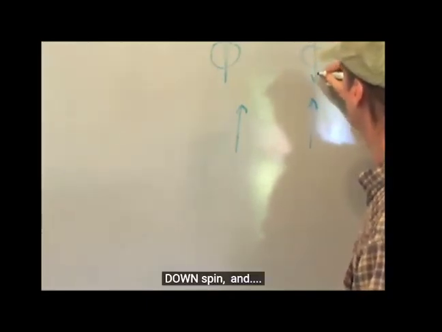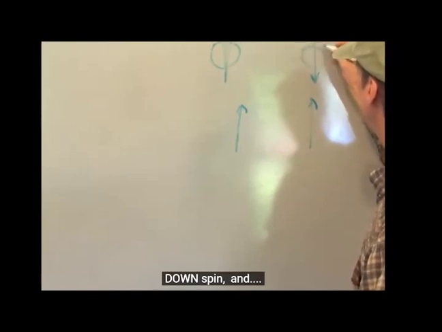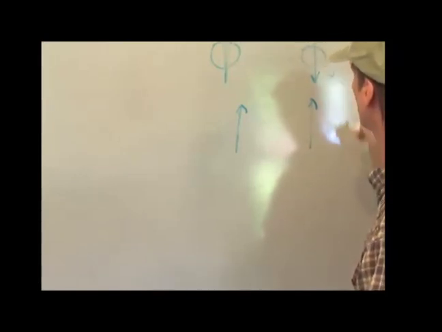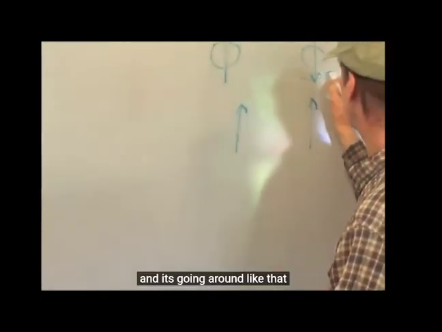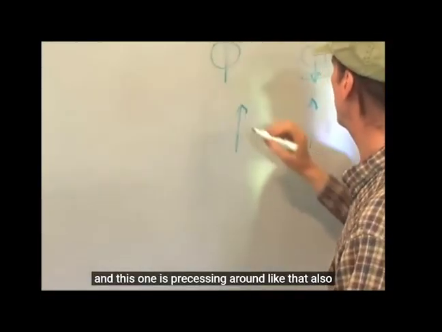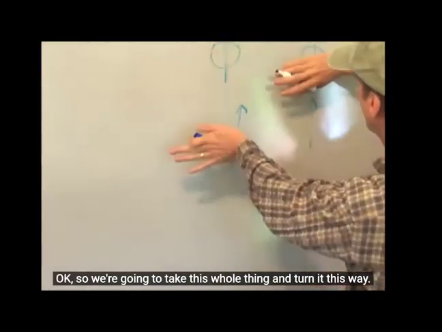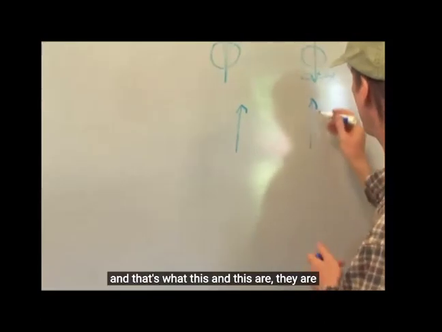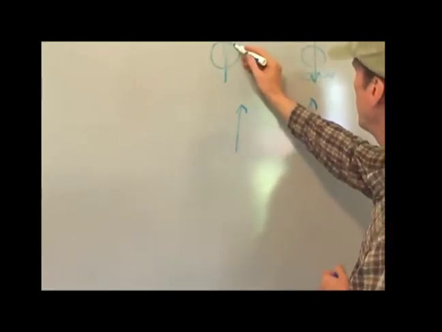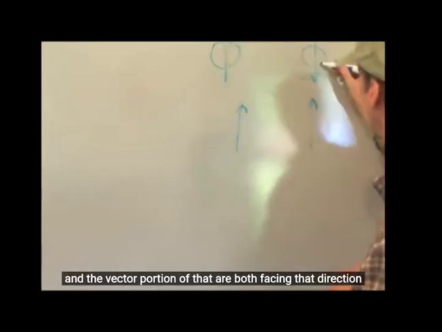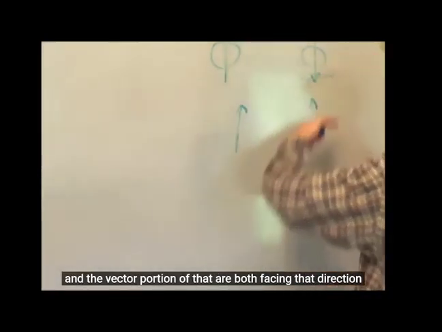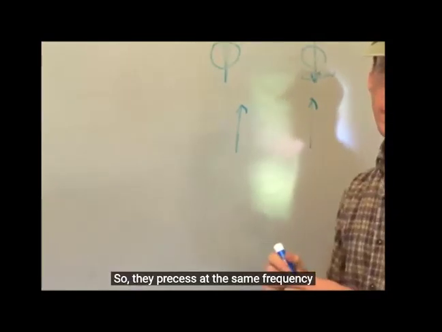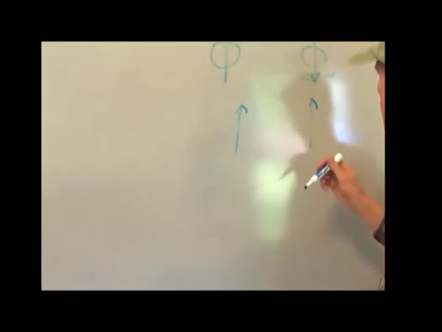There's down spin, and its real spin axis, and it's going around like that. And this one's precession around like that also. Okay, so we're going to take this whole thing and turn it this way. The vector portion of this and the vector portion of that are both facing that direction. So now that's the up direction. So they precess at the same frequency.